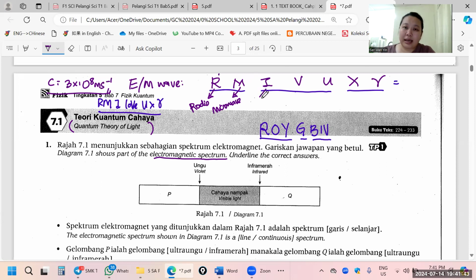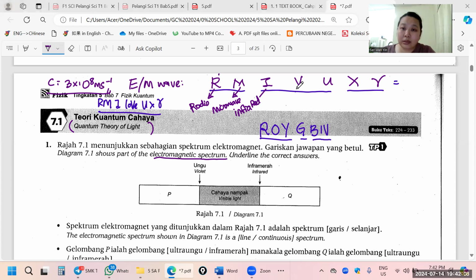I means infrared. It is a must to memorize. If you don't remember the spectrum, you cannot do. It's hard for you to determine the color and the wavelength.